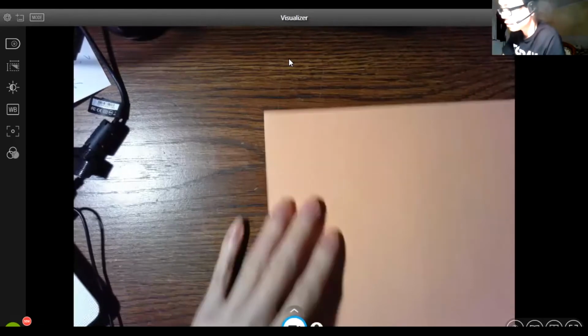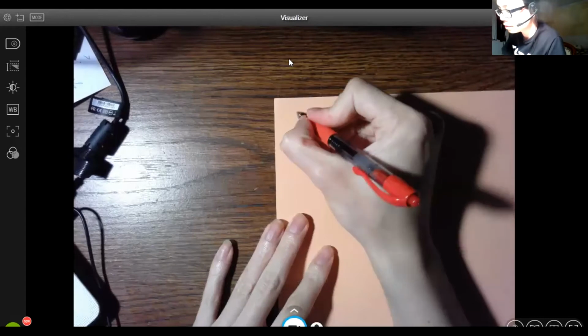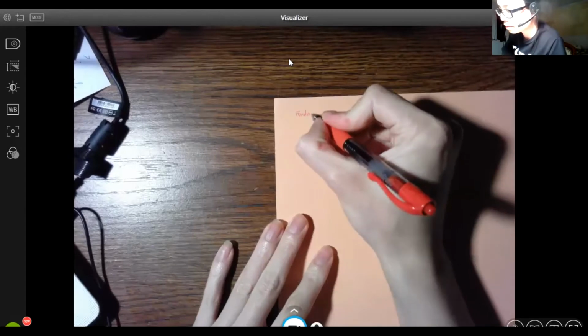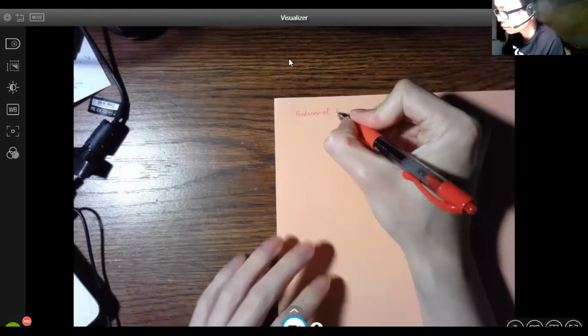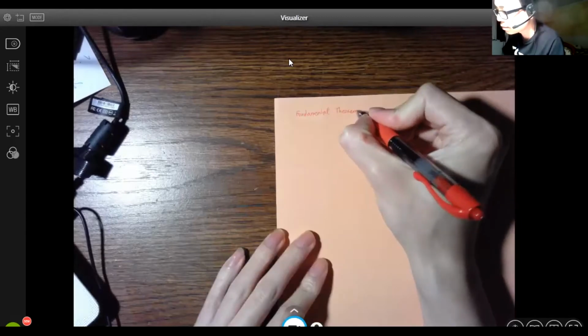I can use the red pen. All right. So, fundamental theorem of arithmetic.